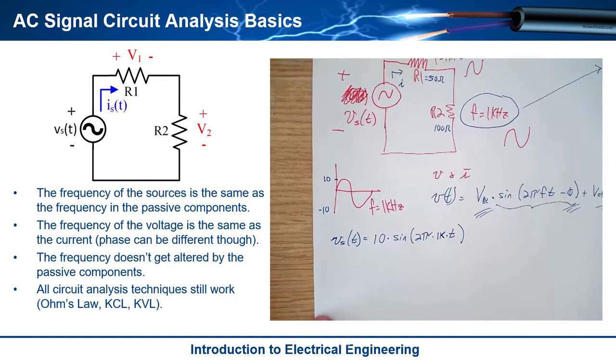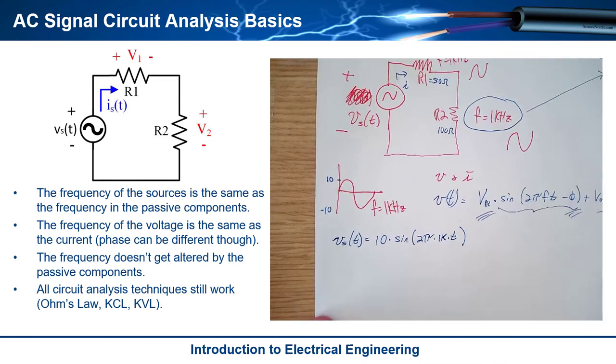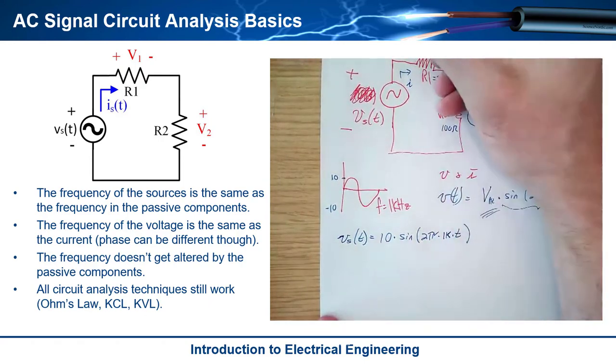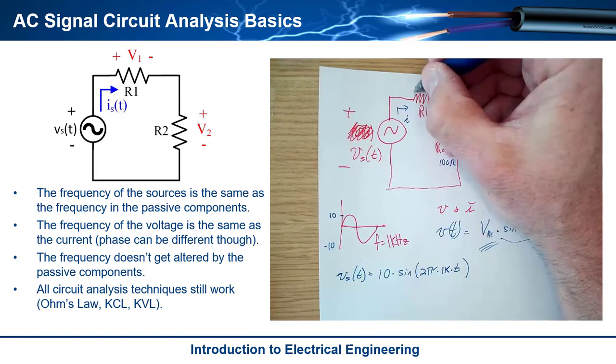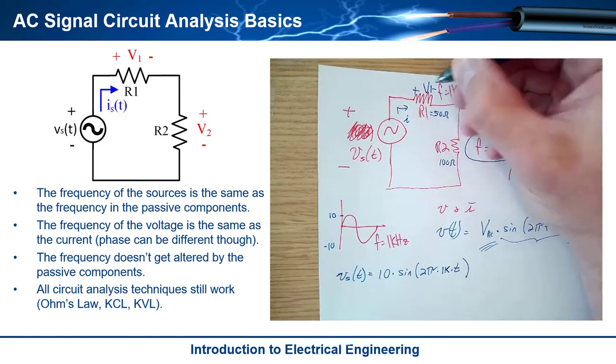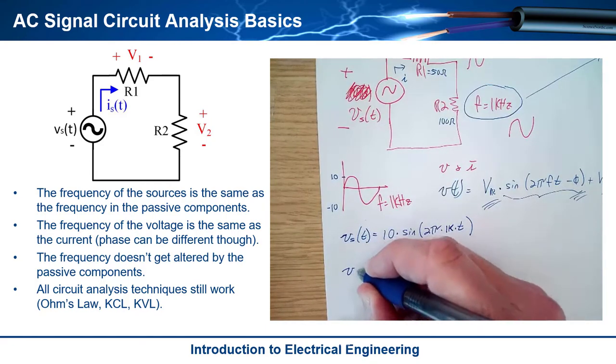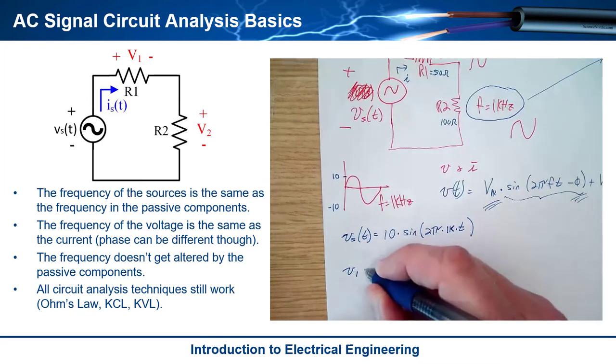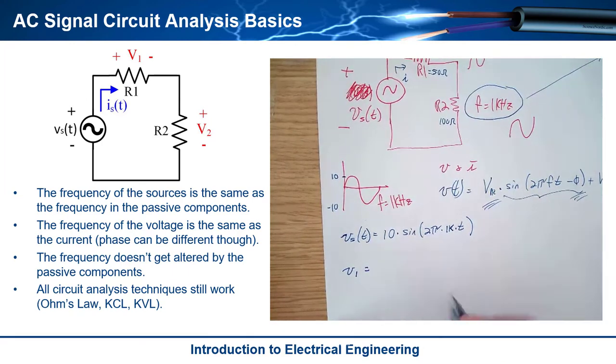Well, I can use KVL, KCL, voltage dividers, or current dividers to find that. So let's do a voltage divider on this voltage right here, which is going to be plus or minus V1. So I can say V1 is going to be equal to, and I can place this off to the side. I'm just going to use the amplitudes to do this.